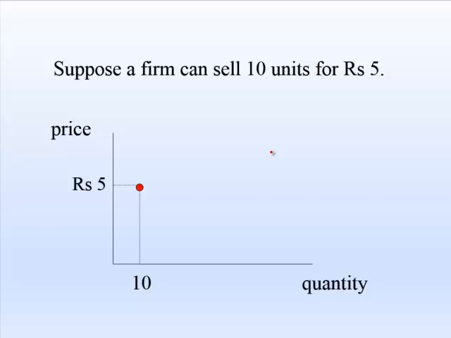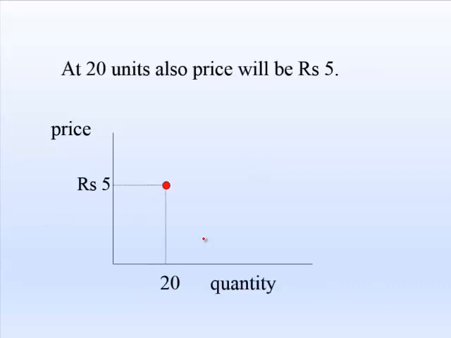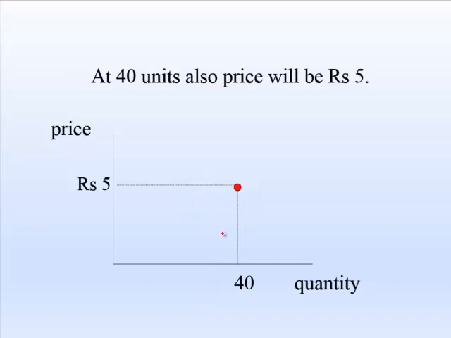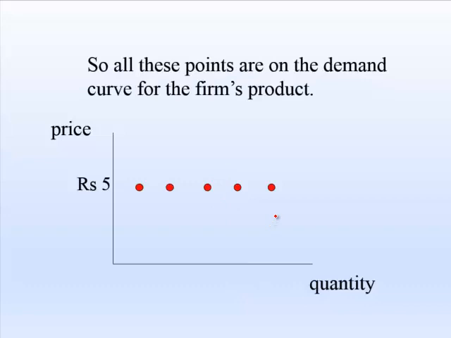The quantity demanded is 10, the price is 5. They can also sell 20 quantities at the same price. Similarly, they can sell 30 quantities at the same price. Then if 40 units, the price will remain the same.